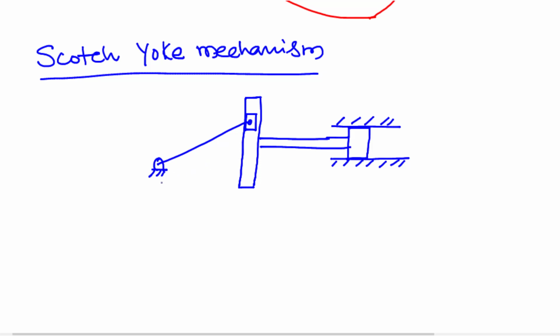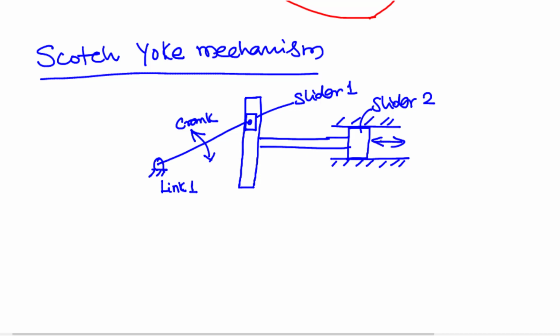So link 1 is fixed. So this is slider. So slider 1 and slider 2, this is crank, the motion, then it will move in reciprocating.